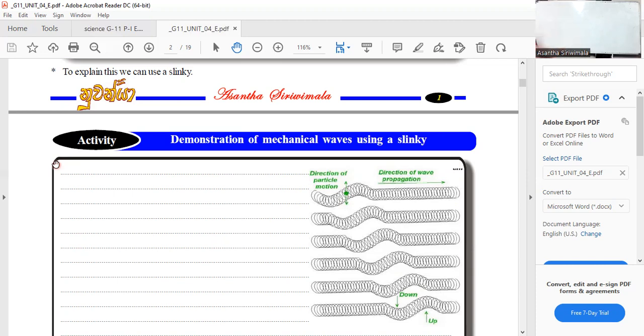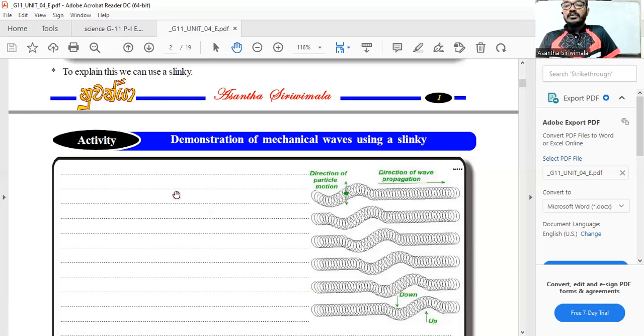When you move it left and right, you will see a wave appearing on it. The S-shaped wave will move along the slinky. That's what is explained here. The end of the slinky is moved left and right, and the wave is continuously moving along the slinky.